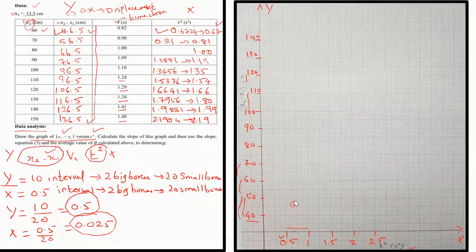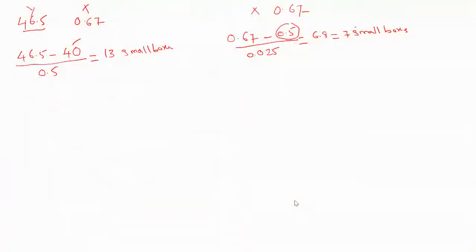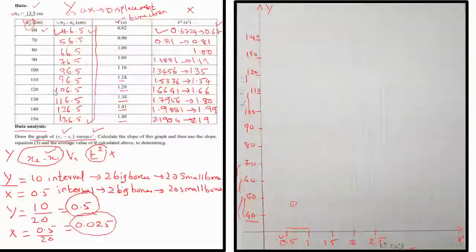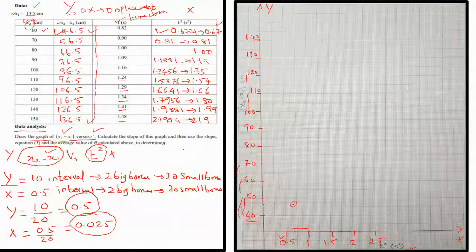By the time it will be clear for you. Understand? What is our second value? 56.5. I get the same value because the interval is exactly the same. So 56.5 minus, your 56.5 is between these two. Am I right? Yes.